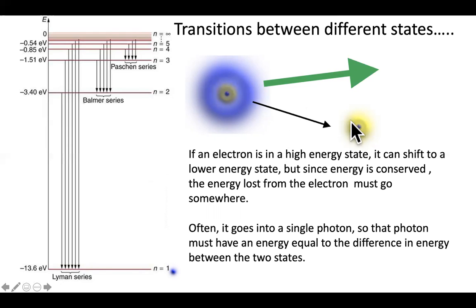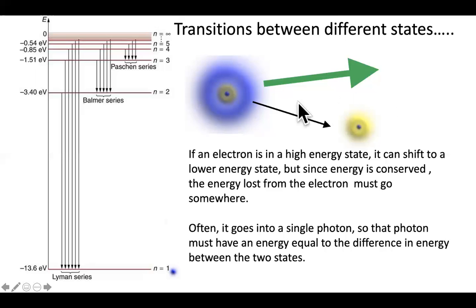Well, as this transition is happening, the electron distribution is changing. That's equivalent to moving charges. That will create an electromagnetic disturbance. What it will produce is light. And the easiest way for it to do this is for the transition to produce a single photon's worth of light.